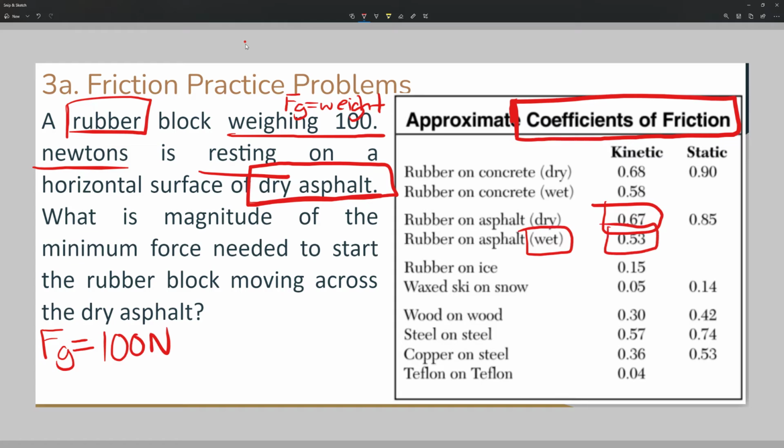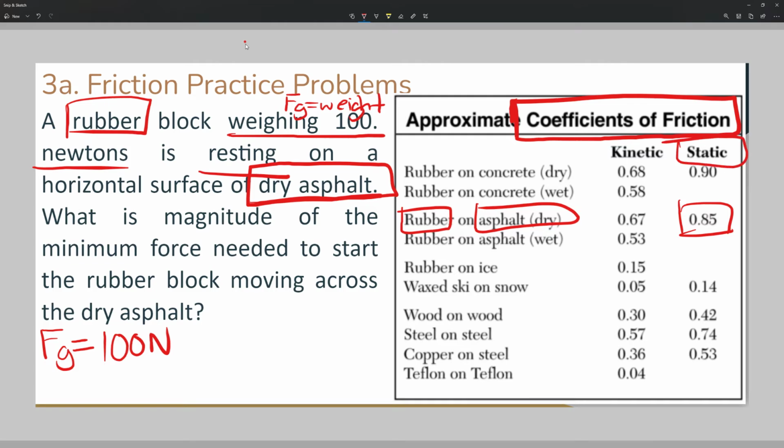There'd be less friction. And there's even less friction if you're driving on ice, right? So they describe the degree to which friction is felt. And so since we're dealing with static friction here, and we have rubber on dry asphalt, my coefficient of static friction, which we're going to call mu s, is 0.85.